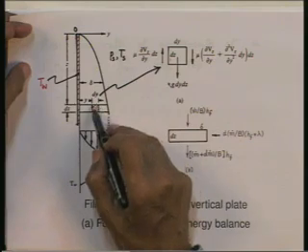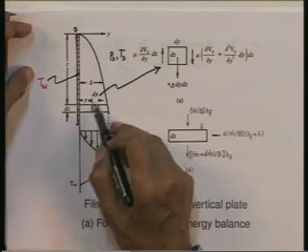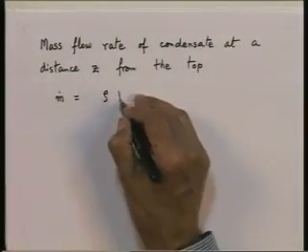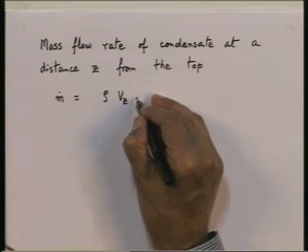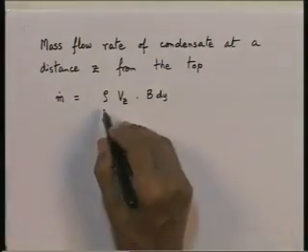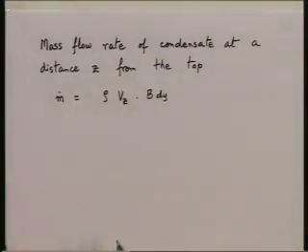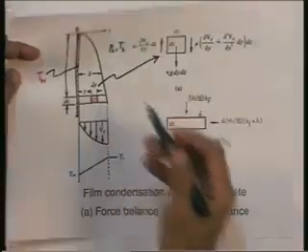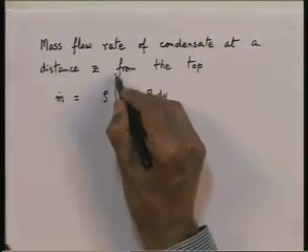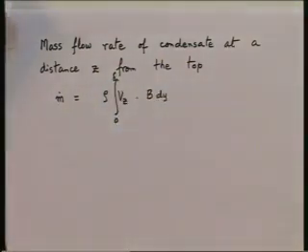So, through a distance dy and an area b dy, the flow rate will be rho multiplied by v z multiplied by b dy, rho into velocity into area. I want the mass flow rate in kilograms per second across the whole thickness delta.